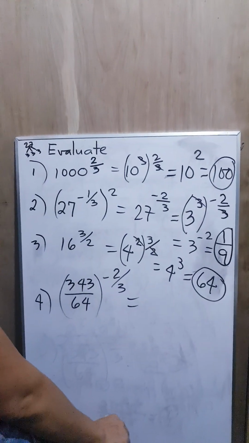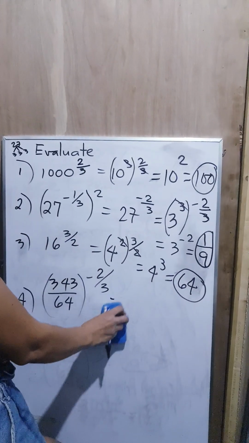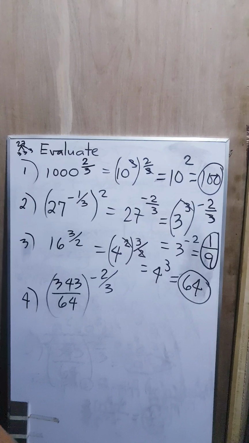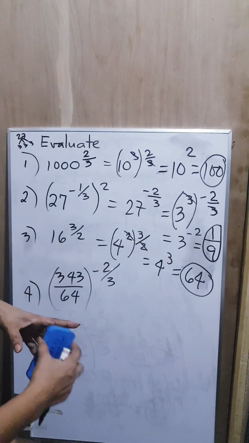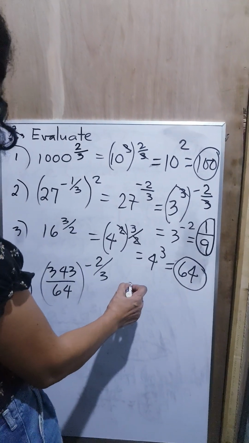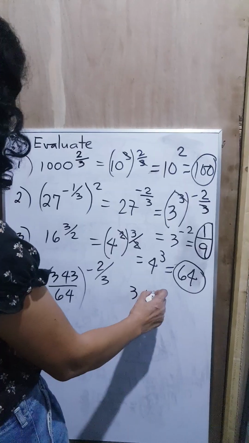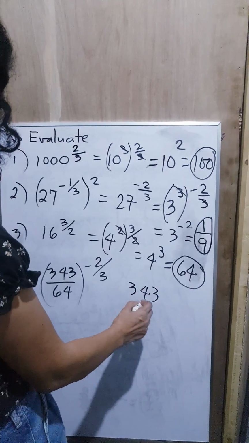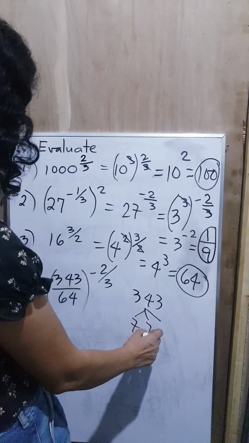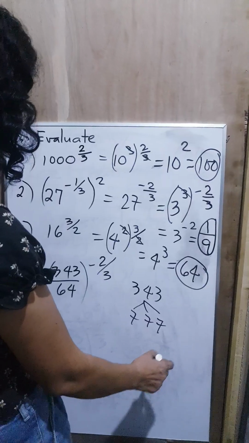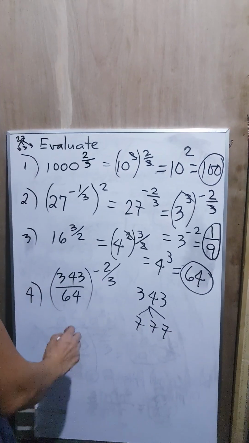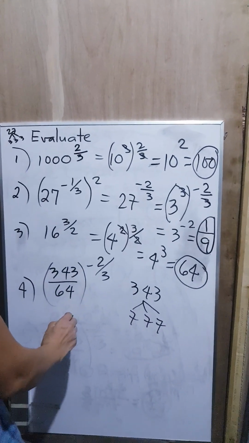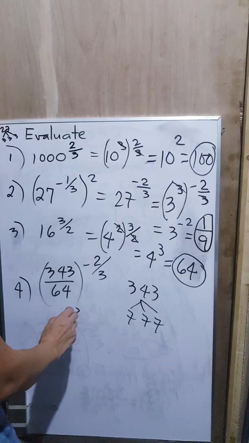And for the last example, here we have 343 over 64 raised to the power of negative 2/3. Remember, 343 can be broken down into 7 times 7 times 7. So you can write 343 as 7 raised to the power of 3.